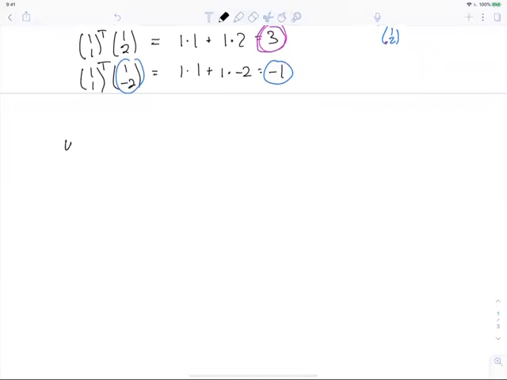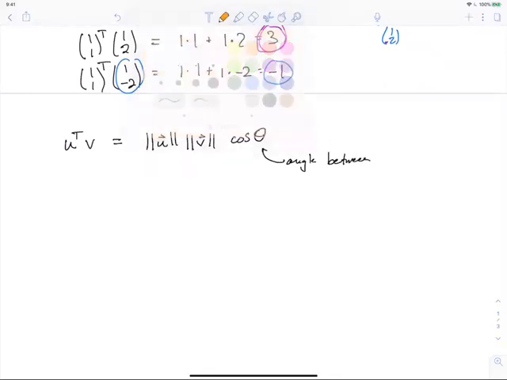If we take the dot product between two vectors, this is going to be equal to the norm of u times the norm of v times the cosine of the angle between them. This cosine is always between -1 and 1, and so that can give us a measure.